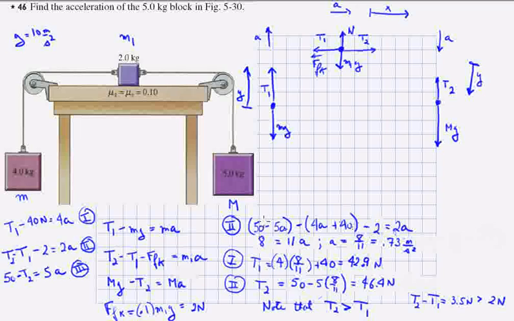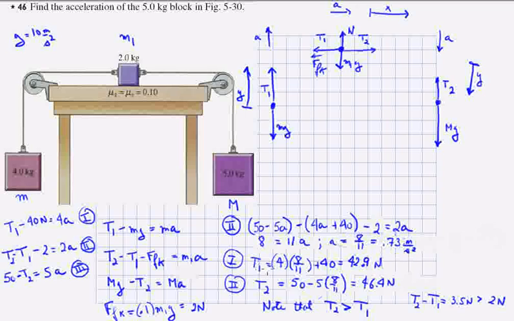And so 50 minus 40 is 10, minus 2 is 8 newtons, and minus 5a minus 4a is minus 9a. Putting that over on the other side of the equation, plus 9a plus 2a is 11a, so a is 8 over 11, which in other words is 0.73 meters per second squared. And that's what the problem asks.